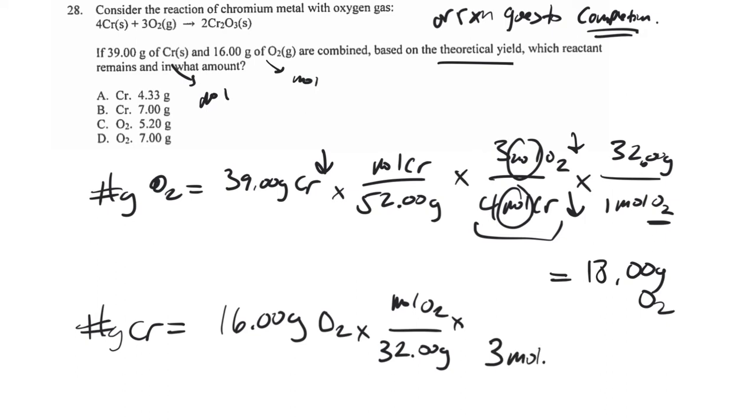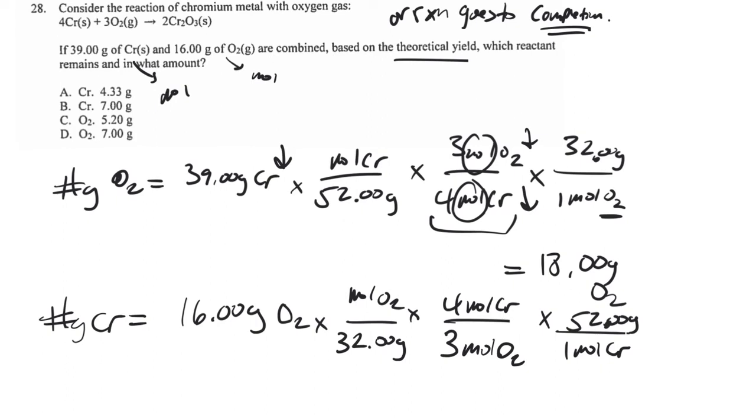For every 3 moles of oxygen that react, we need 4 moles of chromium to react with it. 1 mole of chromium, still 52.00 grams. So I get 34.67. Which is luckily, and as it should be, less than 39 grams.